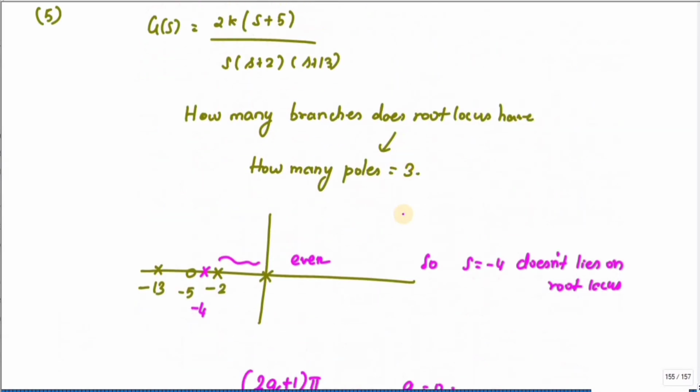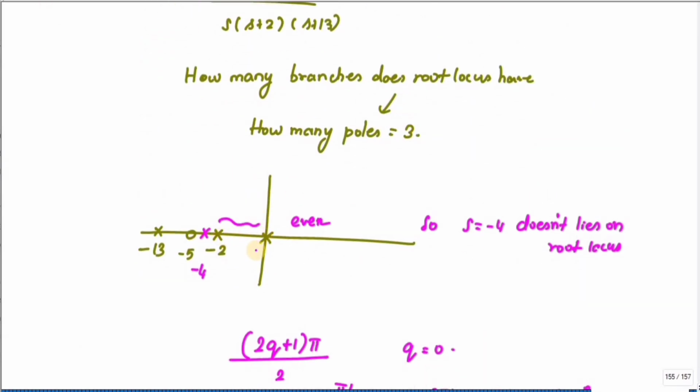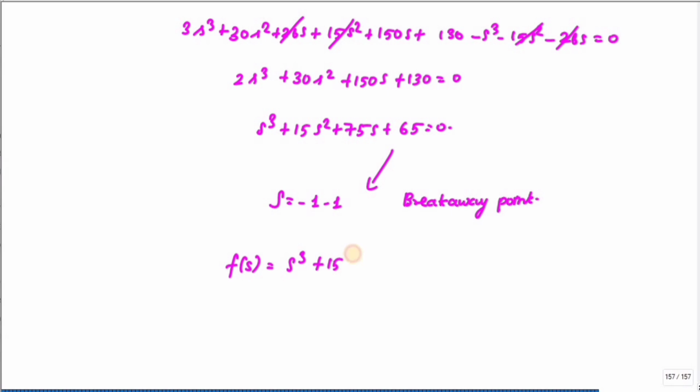Okay, so that is in between 0 and 2, right? So it is minus 1.1. So how to find that value is another way, and I'm going to equate this s cube plus 15s square plus 75s plus 65 is equal to f of s. So if I substitute s is equal to minus 1, I will get minus 1 plus 15 minus 75 plus 65.